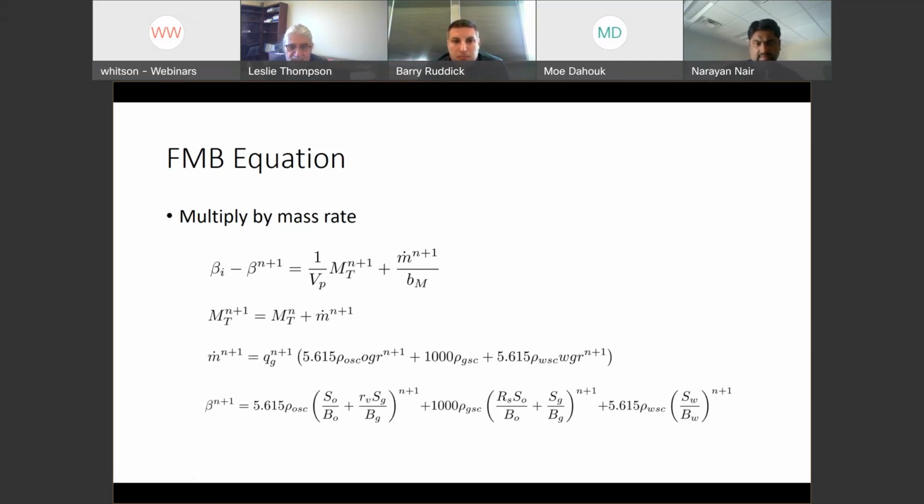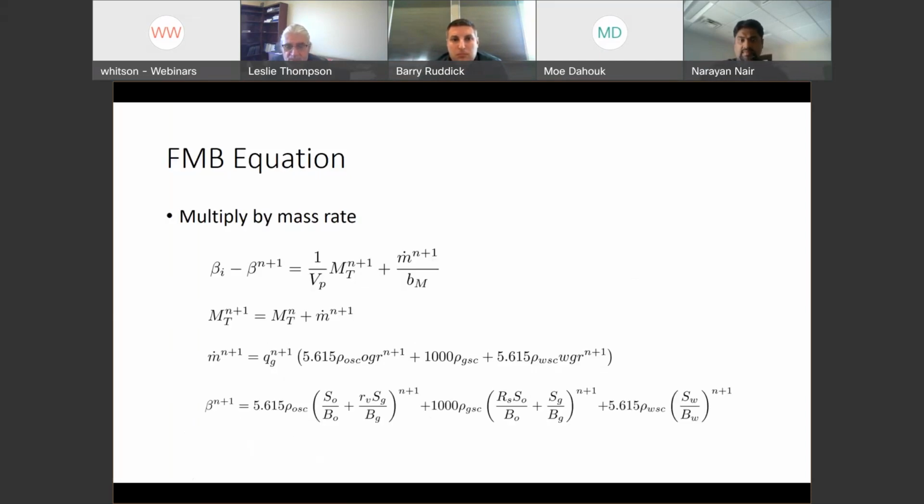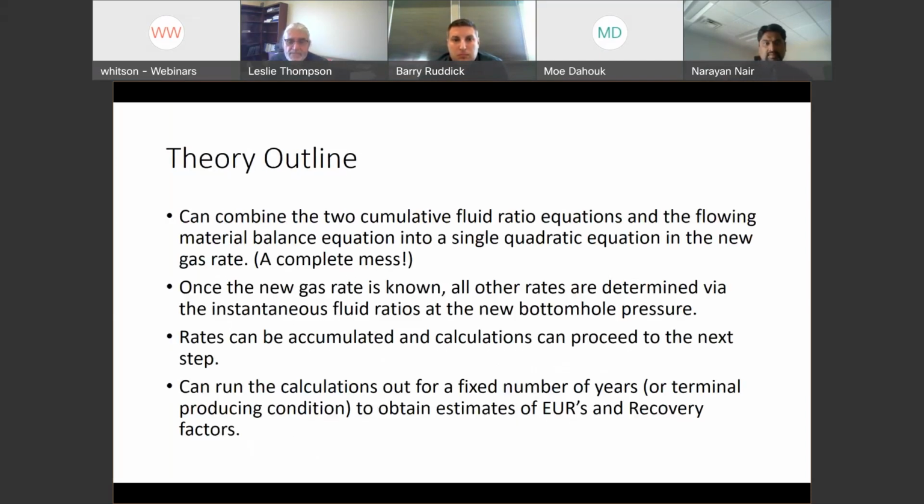So now what I have are three equations and three unknowns. The three unknowns being the gas rate tomorrow, and the two saturations tomorrow. You can combine those equations and eliminate saturations, and what turns out is actually a quadratic equation in the new gas rate, which, believe it or not, is a complete mess, and I do not recommend doing this by hand if you want to remain sane.